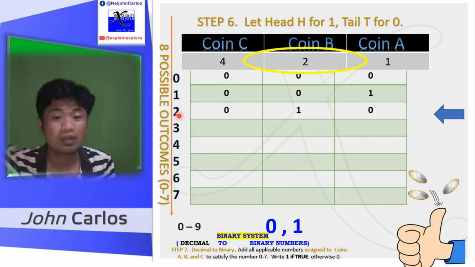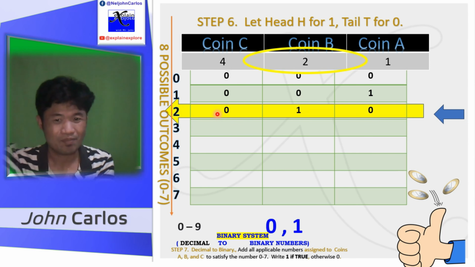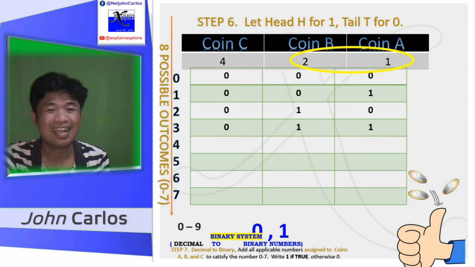How about 2? We can see 2, so we write 1, and then 0 and 0 for coins A and C, because we only use the second column. How about 3?